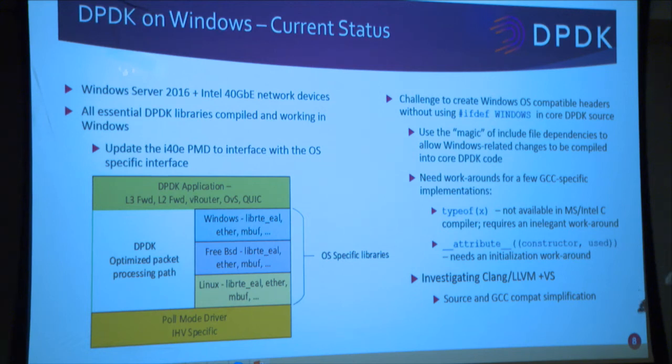And many of these attribute operators, not operators, what are they called? The specifiers, exactly, thank you. All of those we had to work around. Like I mentioned earlier, we are now investigating Clang/LLVM, and hopefully it gives us a better opportunity than just the Intel compiler, because the Intel compiler is not widely used.